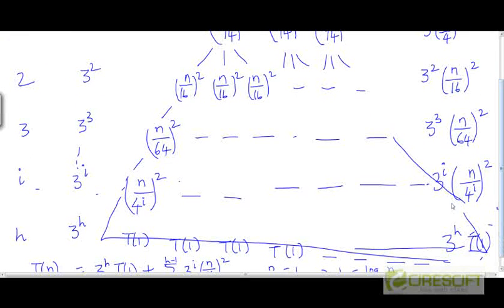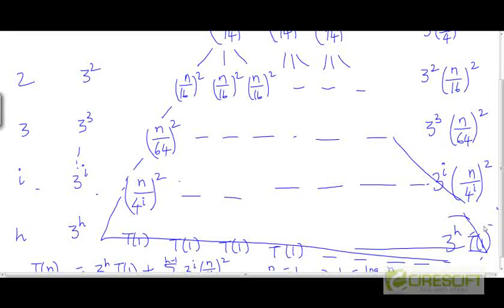So the penultimate term is going to be 3 to the power h minus 1 times 16. 3 to the power h minus 1 really has the same asymptotic complexity as 3 to the power h, which is n to the power log of 4 base 3.